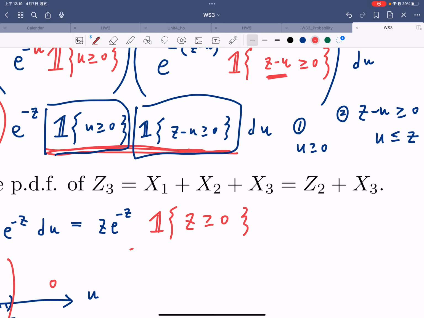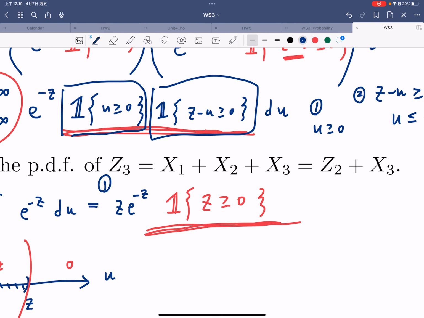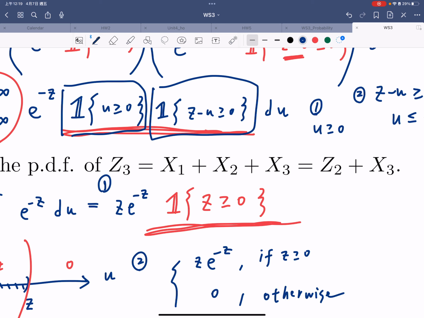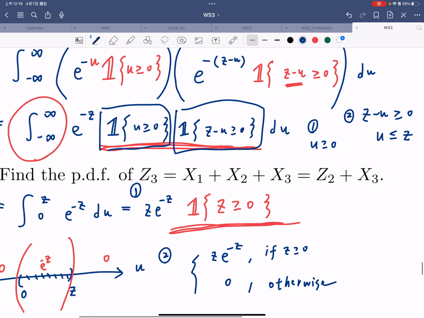Okay, so important. You need to write this. Okay, so solution 1, you can write it like this. Otherwise, you need to write like this. Okay, so important.